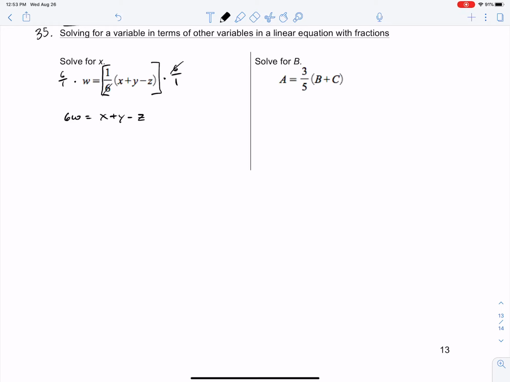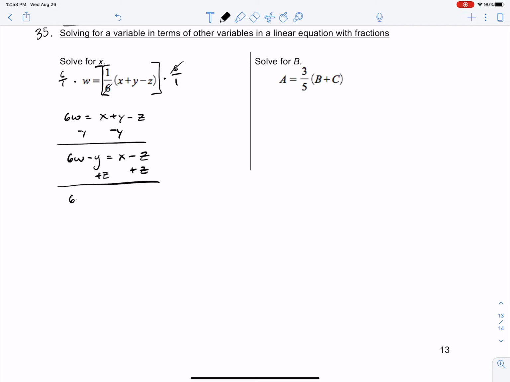But again, it's asking us to solve for x. So you can either start with the y or the z. I'm just going to minus y from both sides. Now I get 6w minus y equals x minus z. Let's isolate x by adding z to both sides.